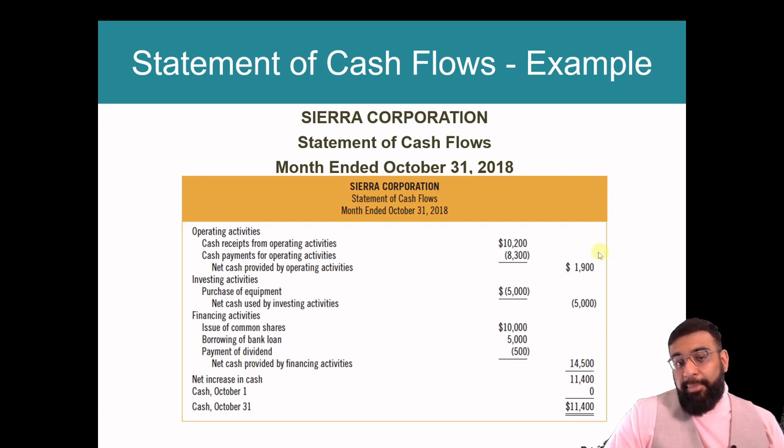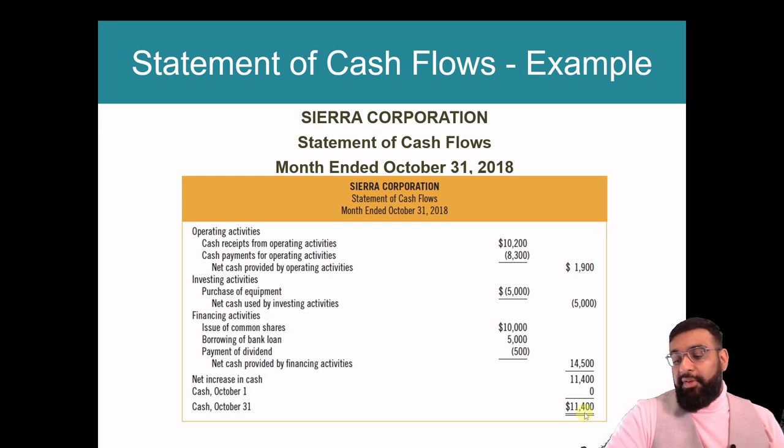Now we're going to add up our operating activities with our investing activities with our financing activities. In your calculator, I want you to do 1,900 plus negative 5,000 plus 14,500 to get the total increase in cash of 11,400. The beginning cash balance is 0 in this case because remember, this is the first year of operations. That means the ending cash balance at October 31st is 11,400.